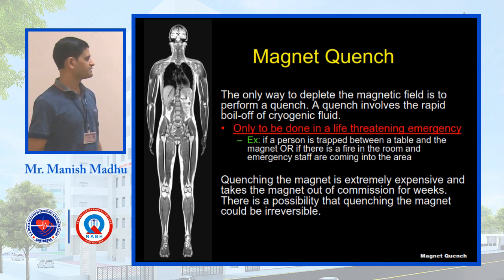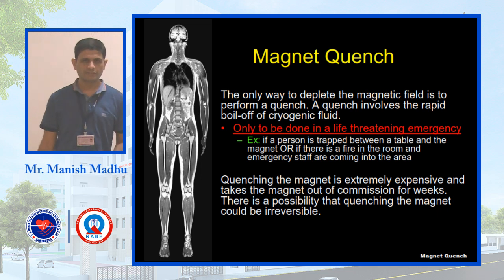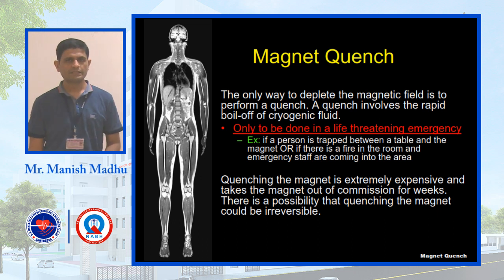room and emergency staff are coming to the area. Quenching the magnet is extremely expensive and takes the magnet out of commission for weeks. There is a possibility that quenching the magnet could be irreversible. Whenever you do the quenching, first of all, it is very expensive because all the helium will be released and the magnetic field removed.